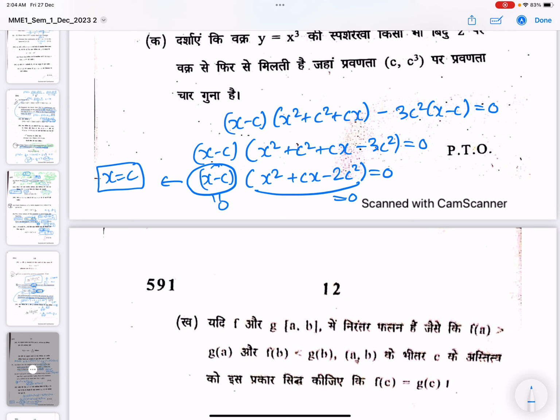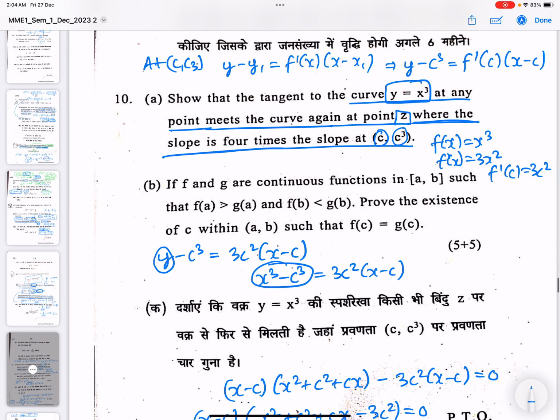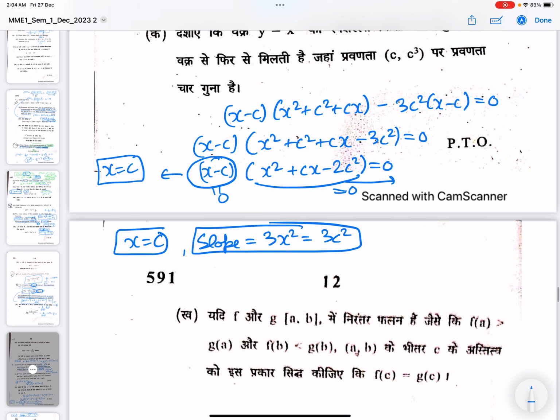So at x equals c, the slope is 3x square, which is equal to 3c square. But we were supposed to find a point z where the slope is 4 times the slope at this point. So now, using the quadratic equation, we can solve this. x would take the value minus c plus minus the square root of b square, which is c square, minus 4ac, minus 4 times ac is minus 2c square, the minus sign would turn out to be positive, upon 2.